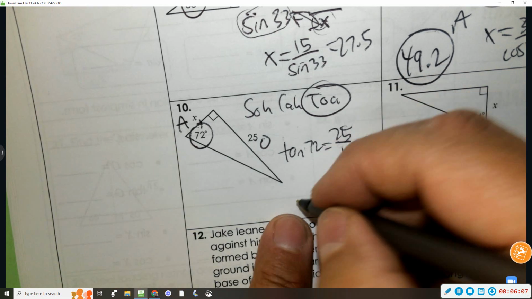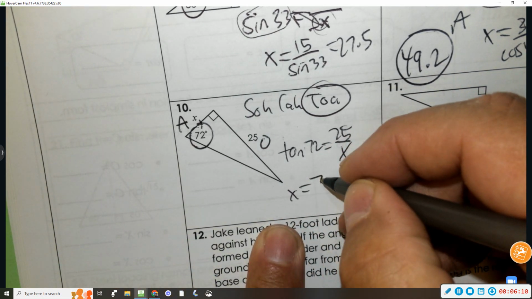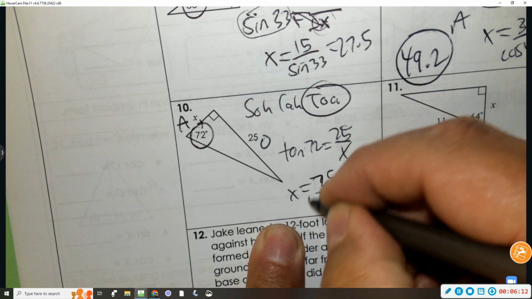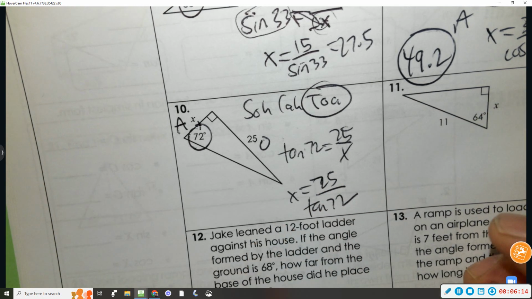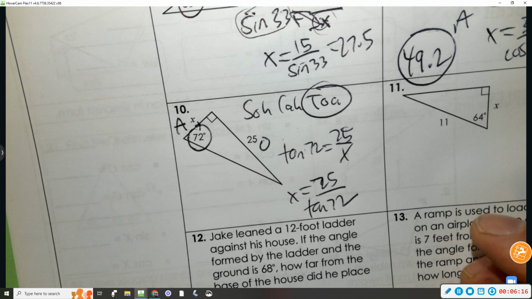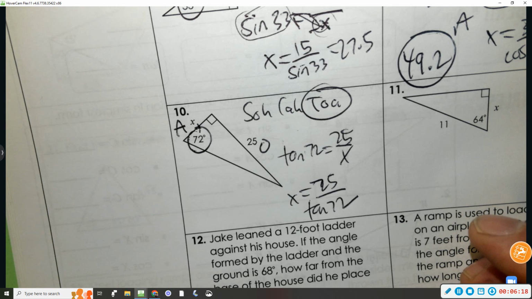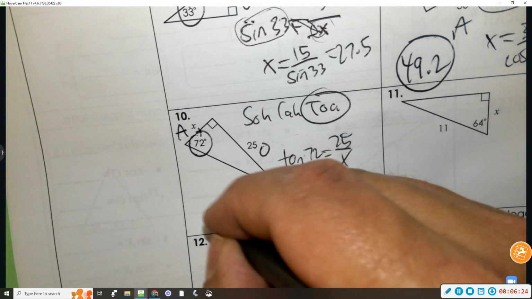We're going to trade positions here. So dividing 25 divided by tangent 72. And then put that in our calculator. 25 divided by tangent 72. And you get the answer 8.1.